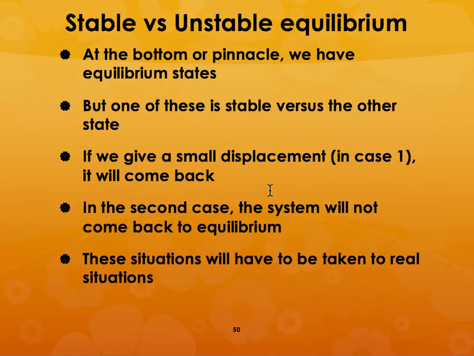So this was what I was telling you. At the bottom or pinnacle, we have equilibrium states, but one of these is stable versus the other. So in the first case, if you give it a small displacement, it will come back. In the second case, it will not come back to equilibrium. And these situations will have to be taken to real situations.